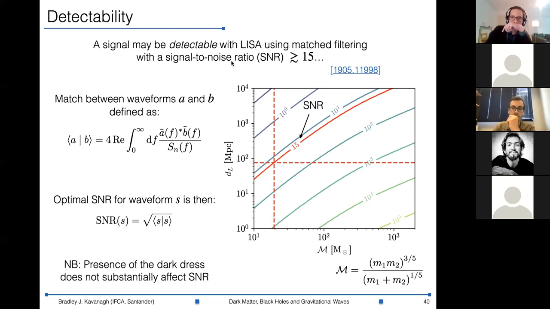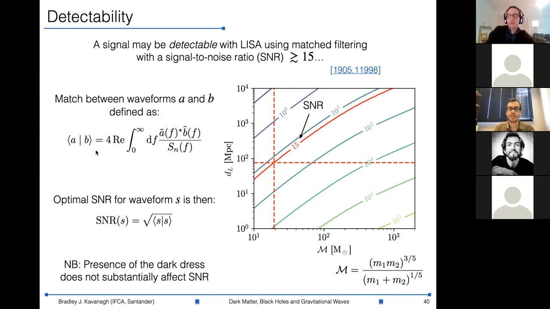And the signal to noise we estimate using what's called the match between 2 waveforms A and B. It's essentially the product of the Fourier transforms of the 2 waveforms, weighted by the noise curve of LISA as a function of frequency. Okay, so this upweights regions of frequency where LISA is very sensitive.